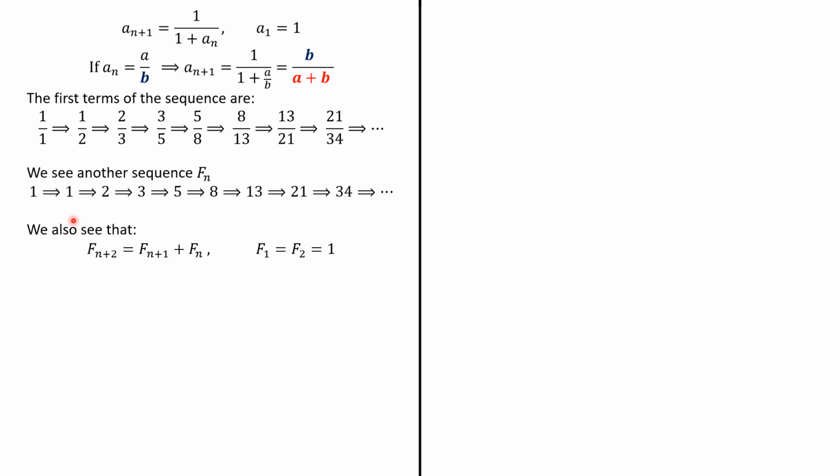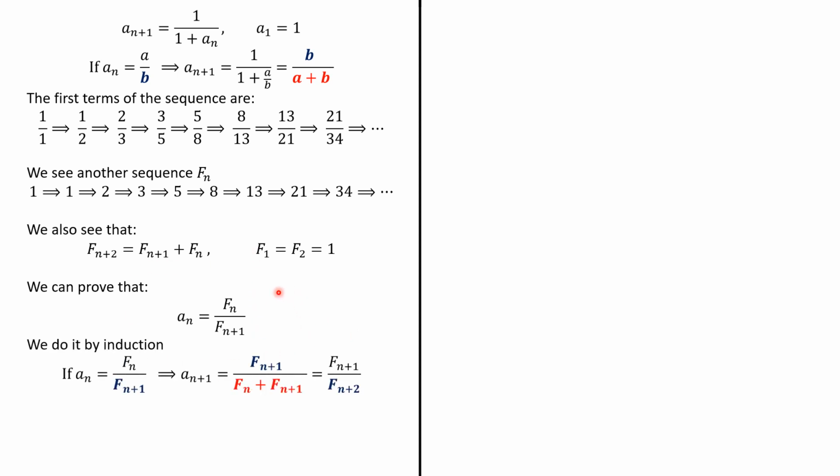So intuitively, we may want to prove that An is Fn over F(n+1), and we can do it by induction. Imagine that An is Fn over F(n+1). Using this formula, A(n+1) is going to be F(n+1) over Fn plus F(n+1). But by definition of the sequence Fn, this is F(n+2). And we have proved our claim by induction.